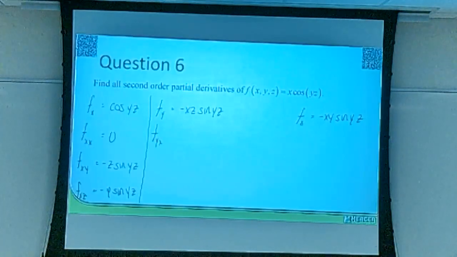Stick with the same order. First, take its partial with respect to x. What do you get? Negative z sine y.